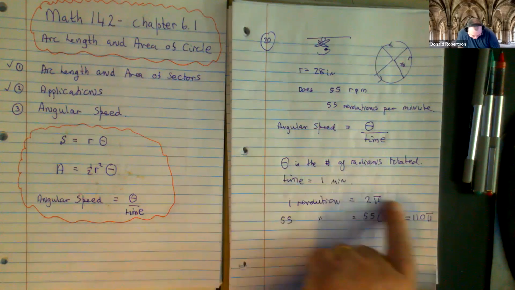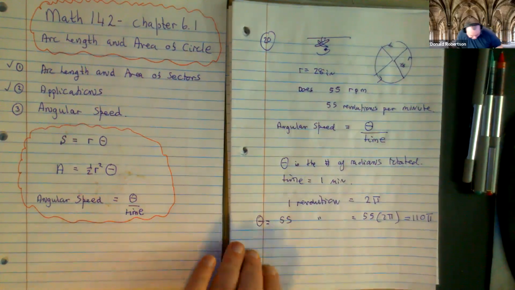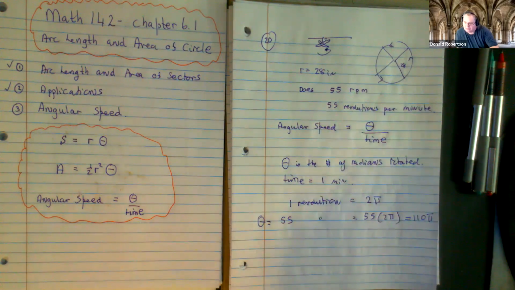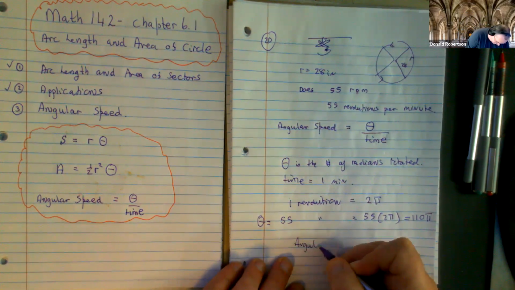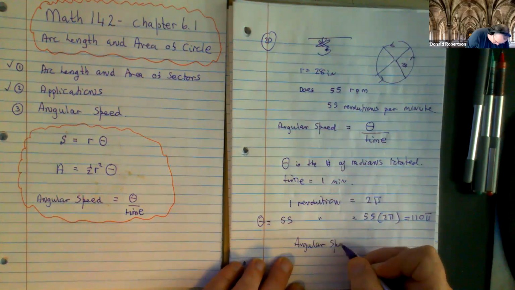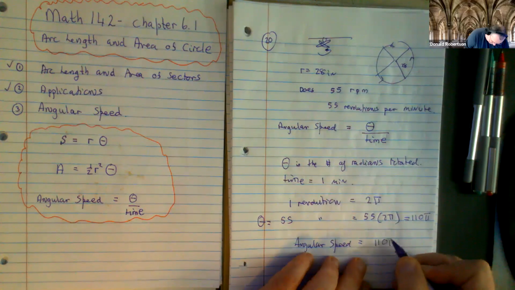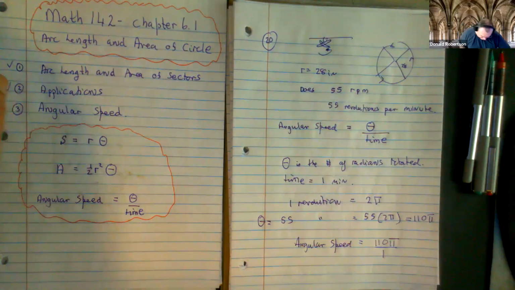So that there is what theta is in this case. It's a total number of radians that gets rotated. And so the angular speed is the total number of radians divided by the time, which in this case is kind of silly because it's just 1.